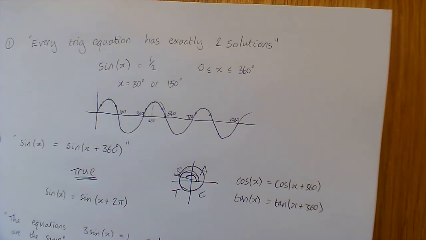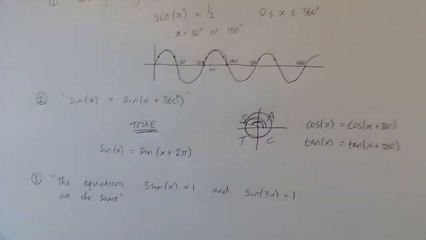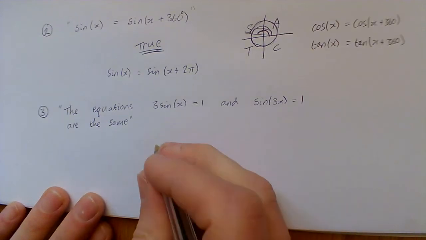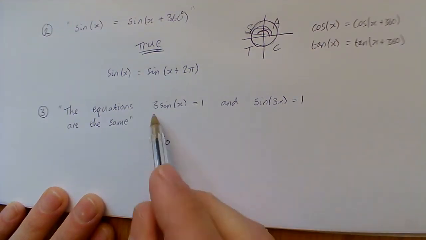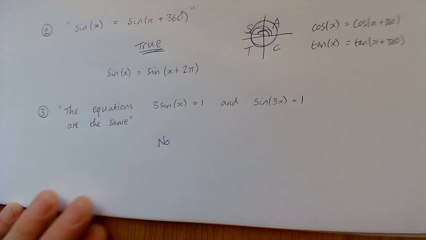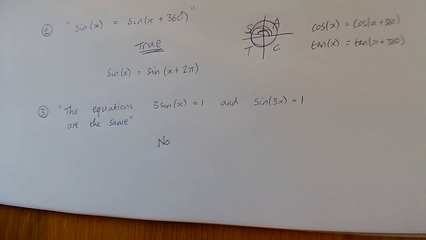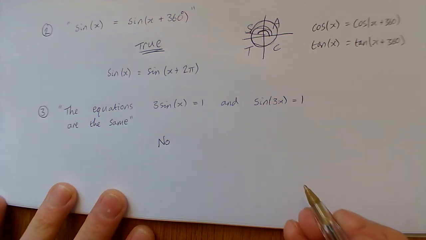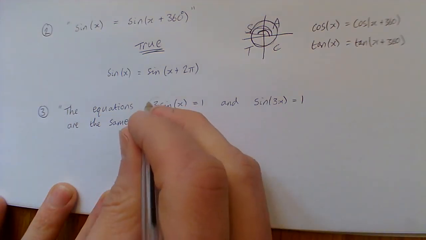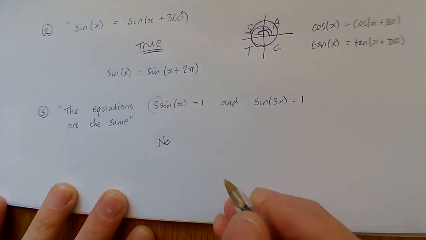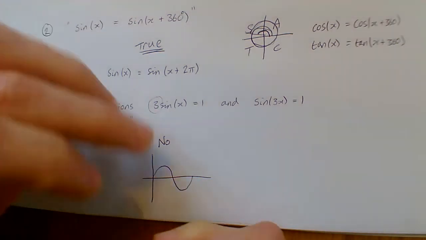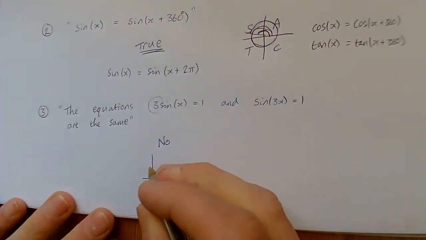The final statement here, I'm not going to spend a whole lot of time on, but it's good to think about. The answer is no, these two statements are not the same in any way. All I'm going to say, and I'm going to get you to think a little bit more about this in the starter to the second task, is think graph transformations. Remember, if we multiply a function by 3, that is taking that function, so if this is my sine x curve, multiplying a function by 3 stretches it out in the y direction.